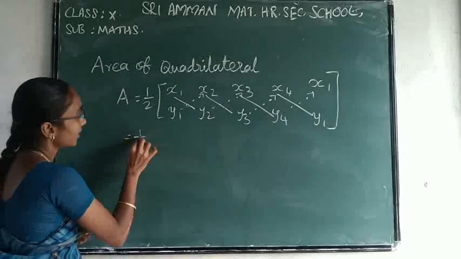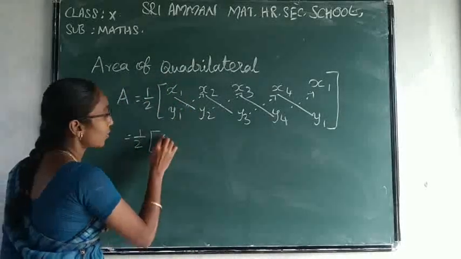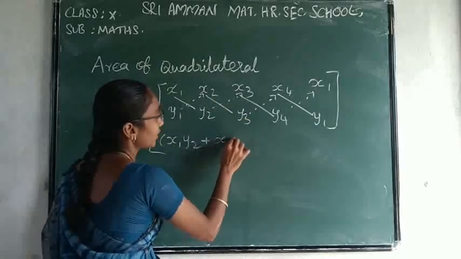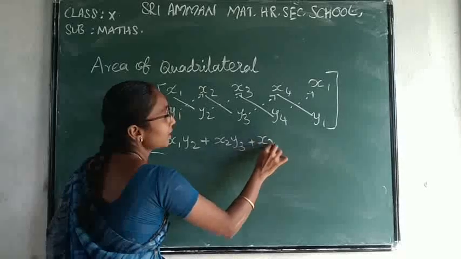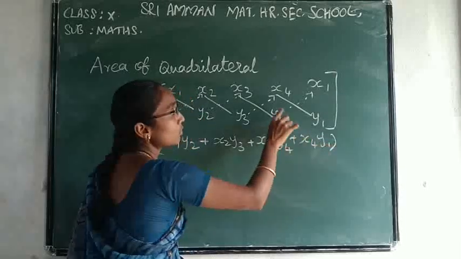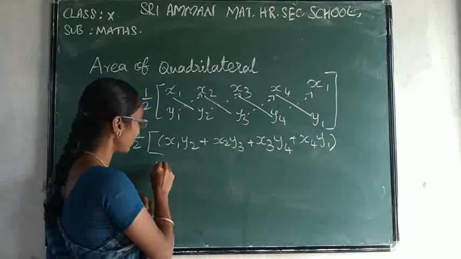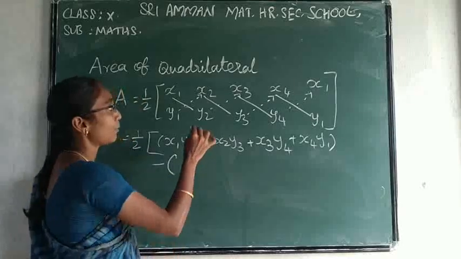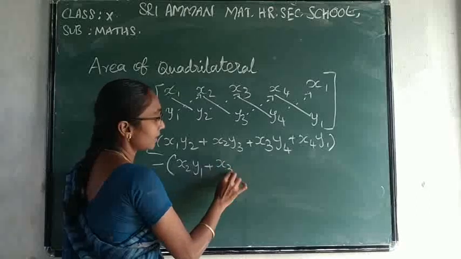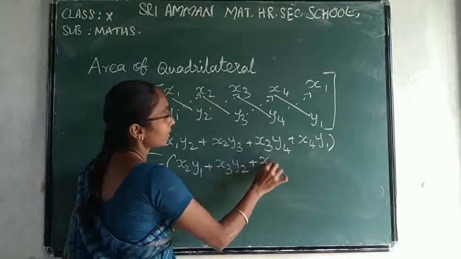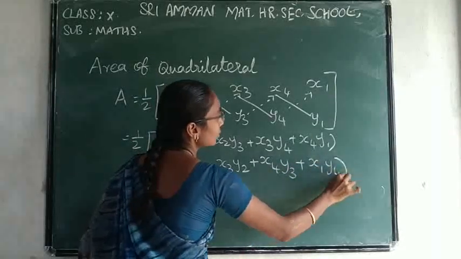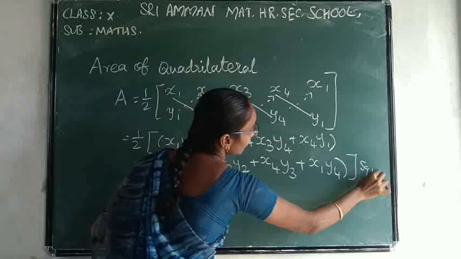This is written as half into x1 y2 plus x2 y3 plus x3 y4 plus x4 y1. Down arrow is finished. Next put minus, afterwards up arrow: x2 y1 plus x3 y2 plus x4 y3 plus x1 y4 square units.